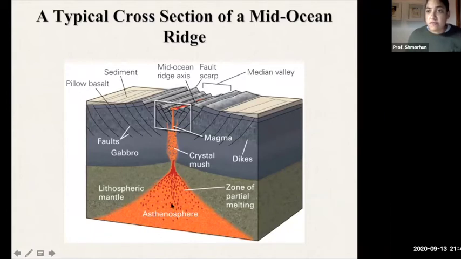Now, I've talked about seafloor spreading, with this hot mantle, this magma, being pushed towards this mid-oceanic ridge axis and thus cooling in the form of lava and creating new oceanic crust.